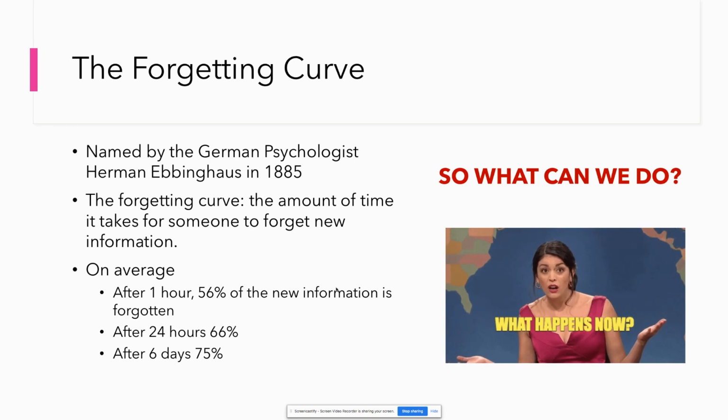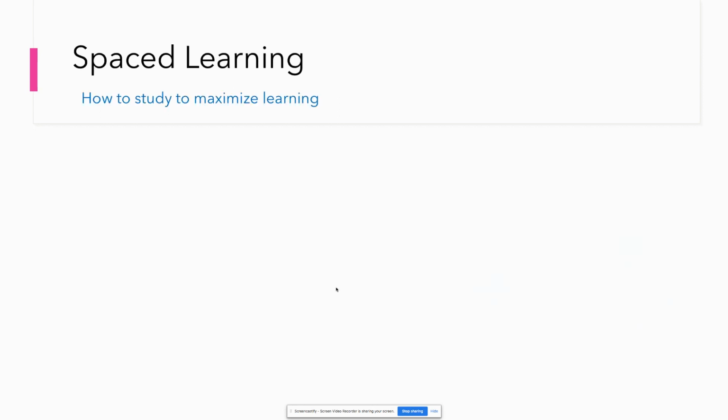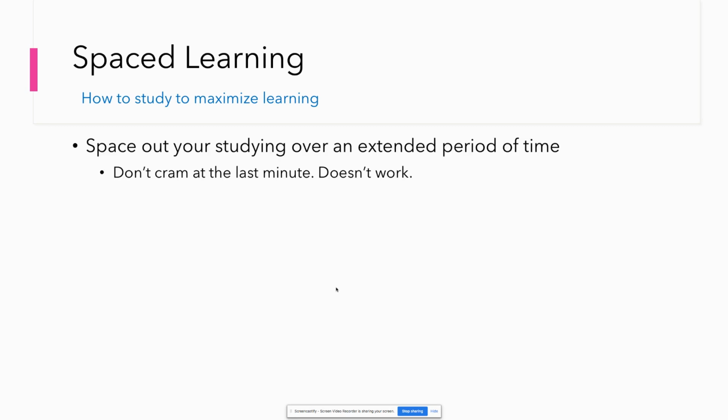So how do we prevent the forgetting curve from ruining your school? There's a strategy called spaced learning. So this is how you maximize your new information, retaining that information. Basically, what you're going to want to do is space out your studying over an extended period of time. This is key.